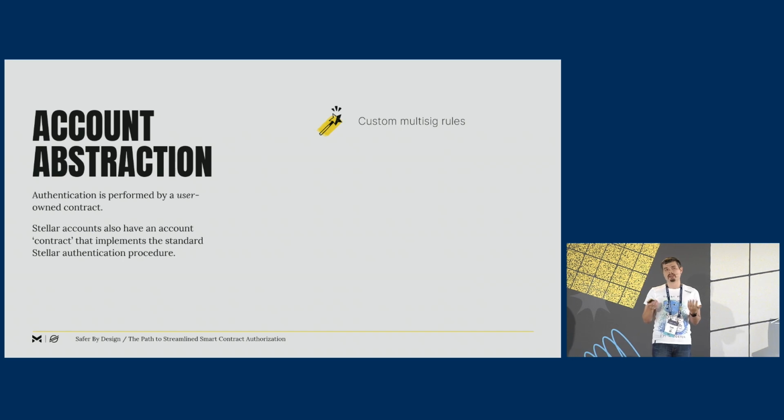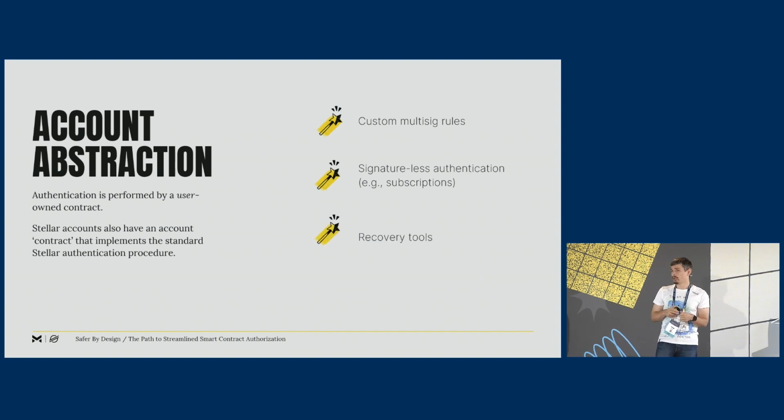But there are other benefits from being able to customize the authentication procedure. For example, you can implement some custom multi-sig rules that do not exist in our current protocol. You can also do signatureless authentication, where it would be based on some on-chain state. And this can be used, for example, to implement subscriptions. You may implement some custom recovery tools based on social recovery, for example, that, again, are not currently in the protocol.